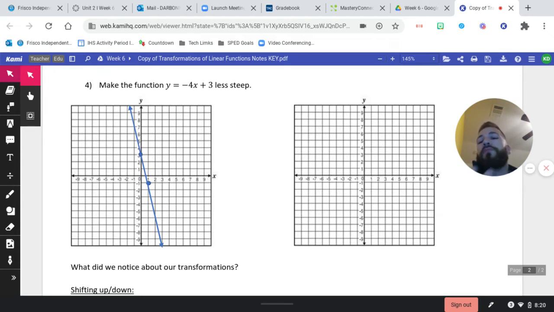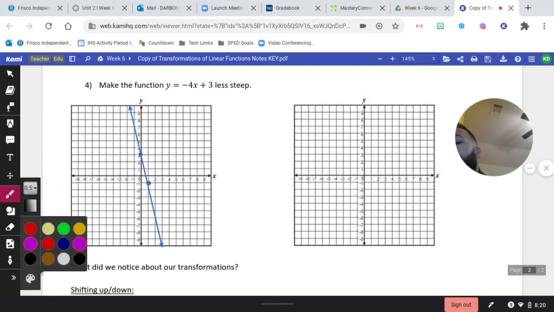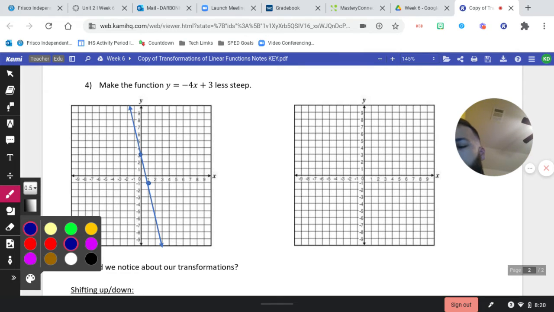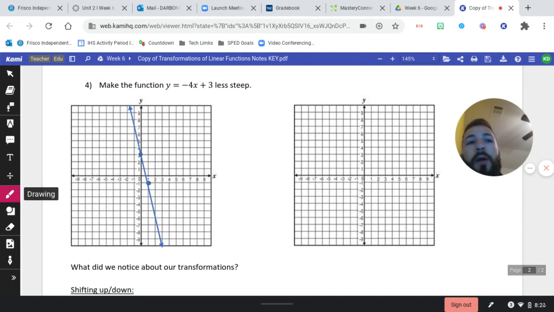So let's go a little easier. Instead of getting bigger, so going from negative 4 to negative 6 or negative 4 to negative 8, we're going to go closer to a value of 0.